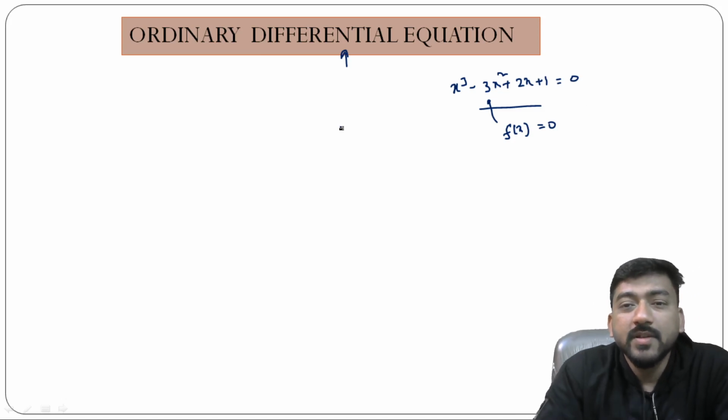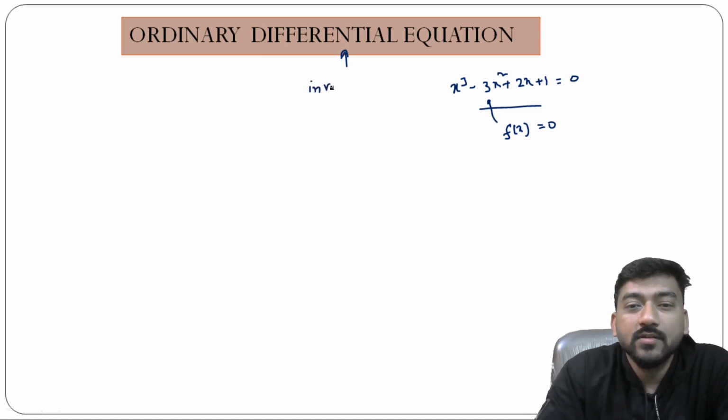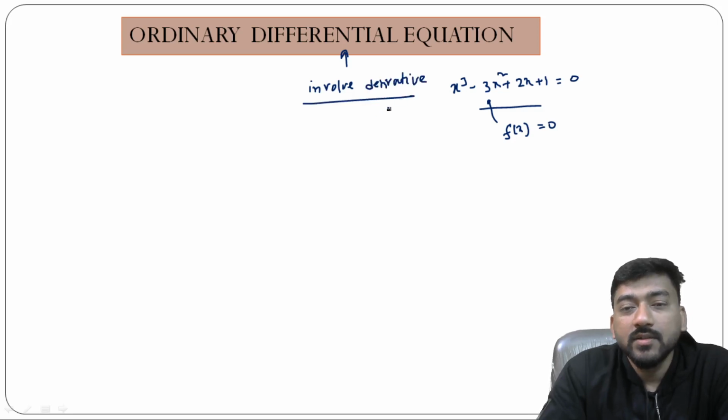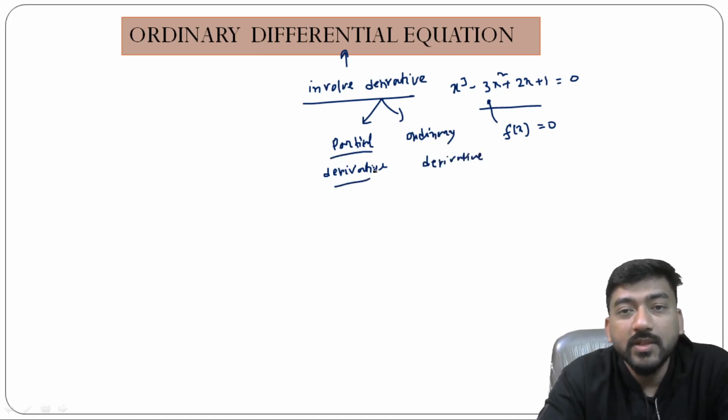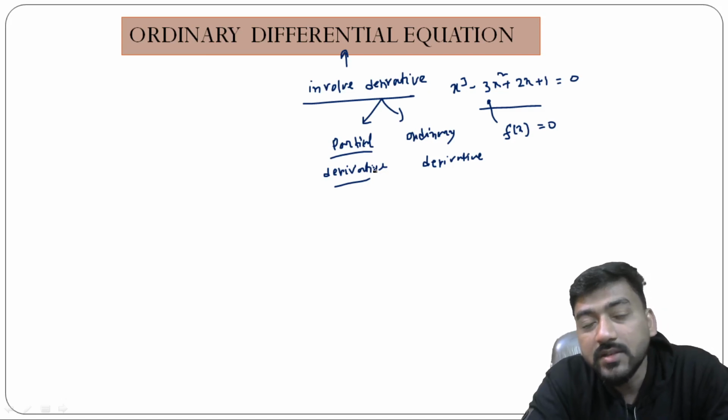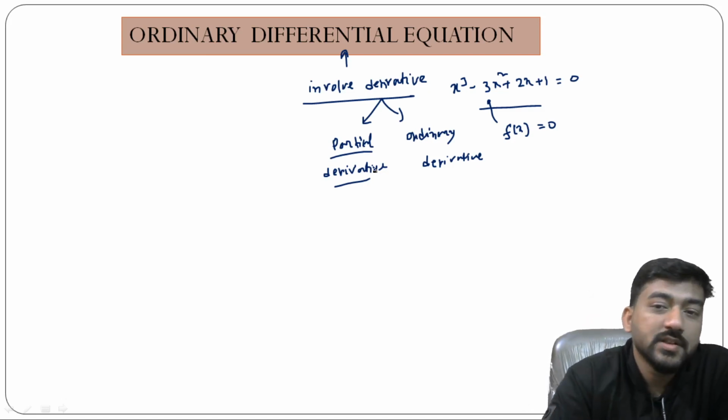Differential equation means the equation which involves derivatives. Now this derivative may be of two kinds. One is partial derivative, or maybe it is ordinary derivative. If the equation involves partial derivatives, then it is known as a partial differential equation.